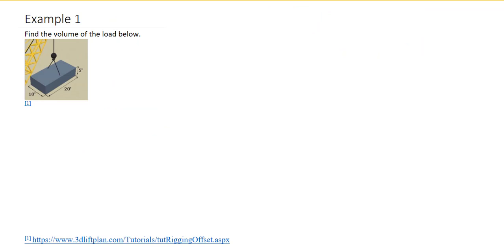Example 1, find the volume of the load below. Well, we can see that volume is length times the width times the height. So our length is going to be 20, our width is 10, right?